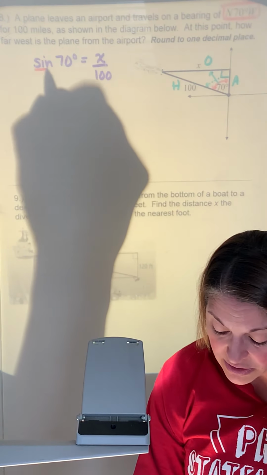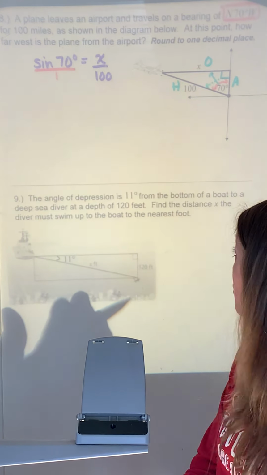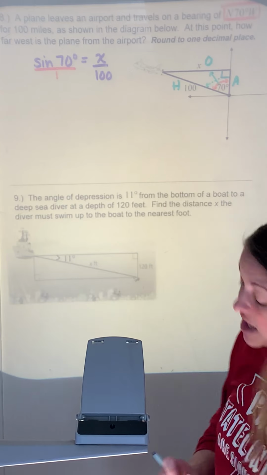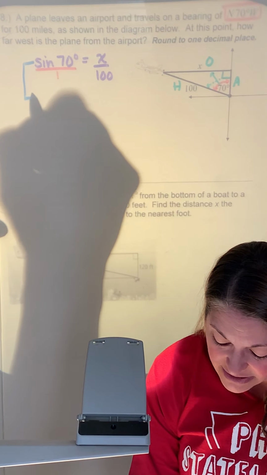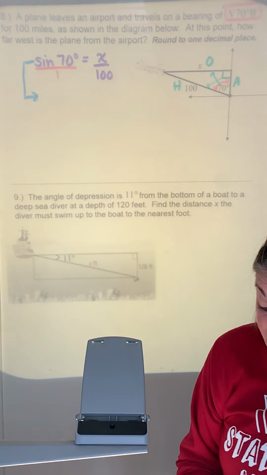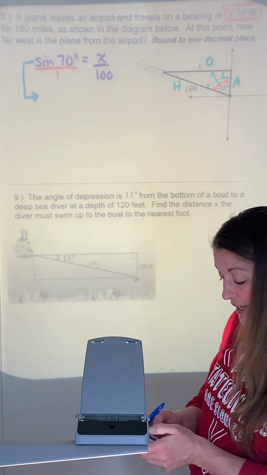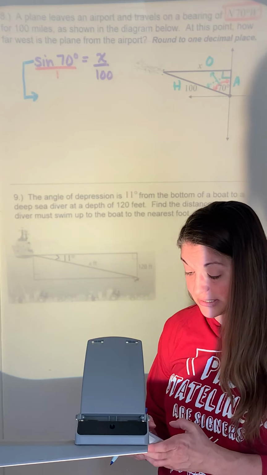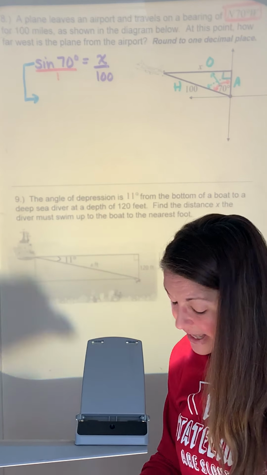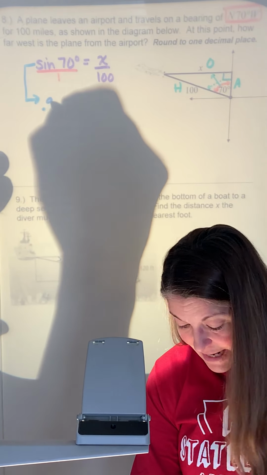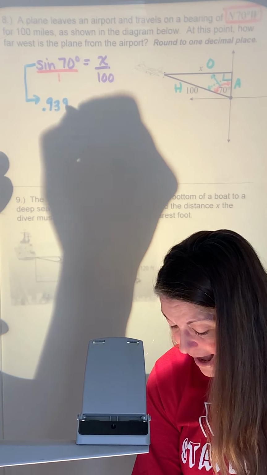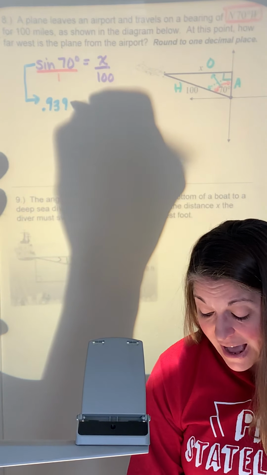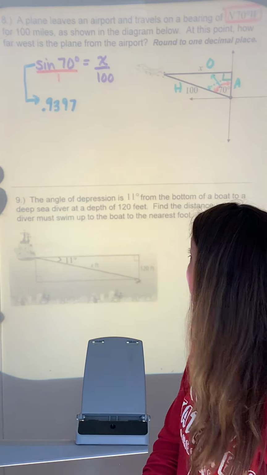From there, again, we're going to throw that over 1, so it just looks like a regular proportion, something easy to solve. But you know what would make it even easier? If we just got rid of that sine. So we take our calculator, sine, and then 70 degrees. This time we're getting something big, 0.939. The next number says 6, but the number behind it is 9, so we bump that 6 up to 7.